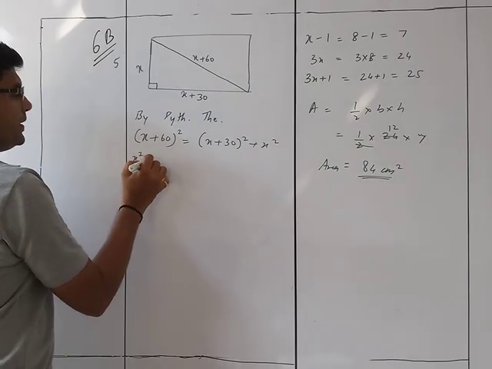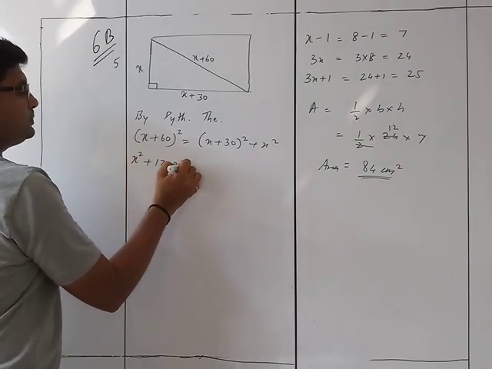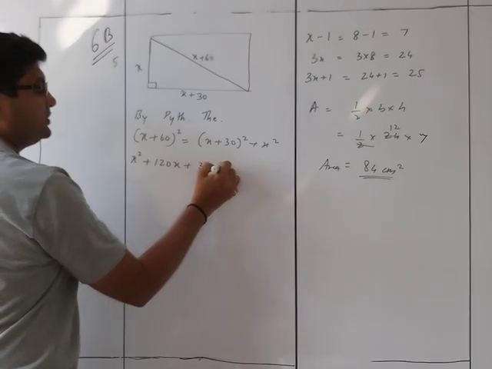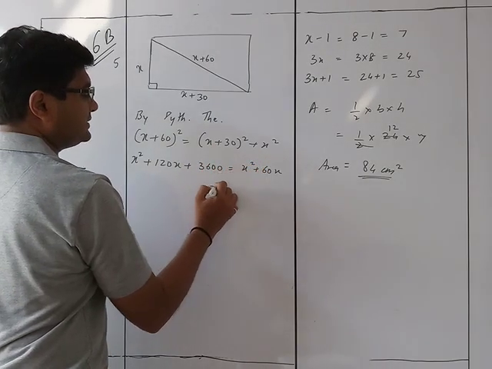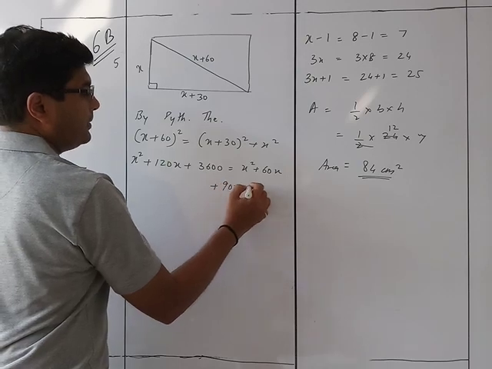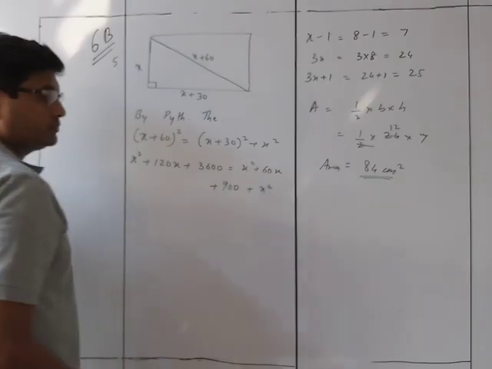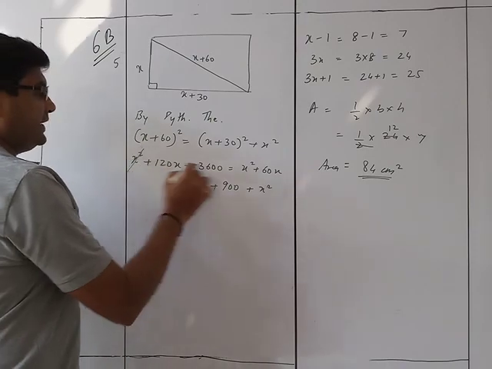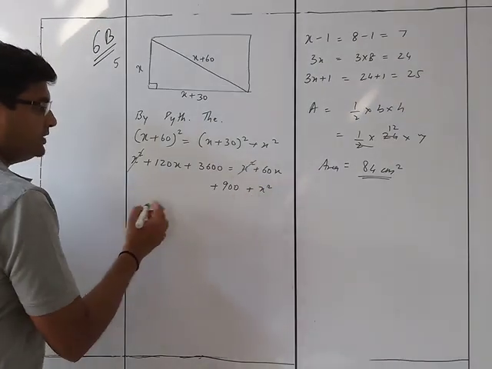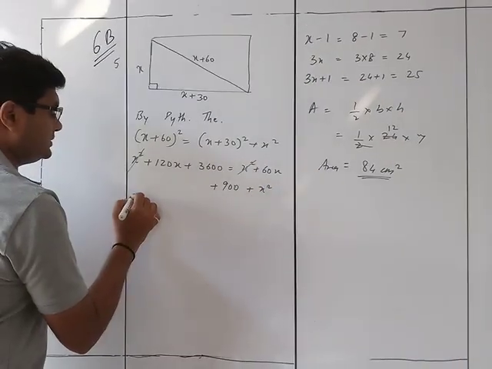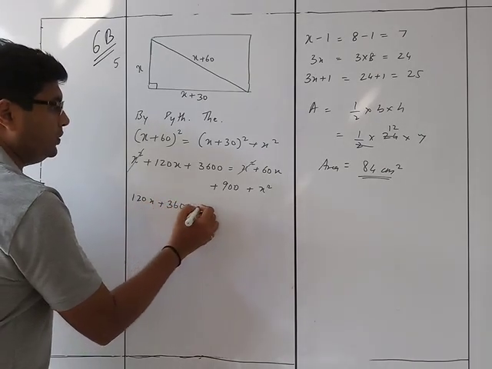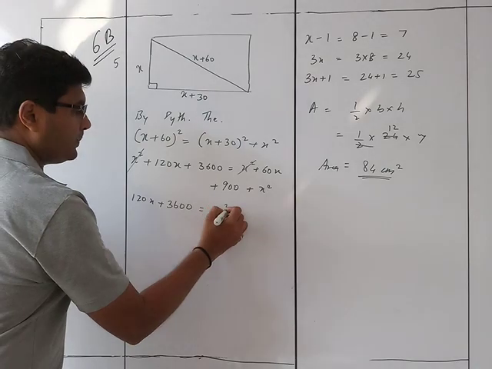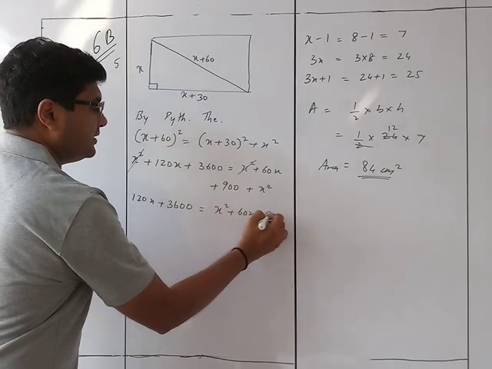So that gives me x square plus 120x plus 3600 is equal to x square plus 60x plus 900 plus x square. X square and x square get cancelled, this x square remains. So we have over here 120x plus 3600 is equal to x square plus 60x plus 900.